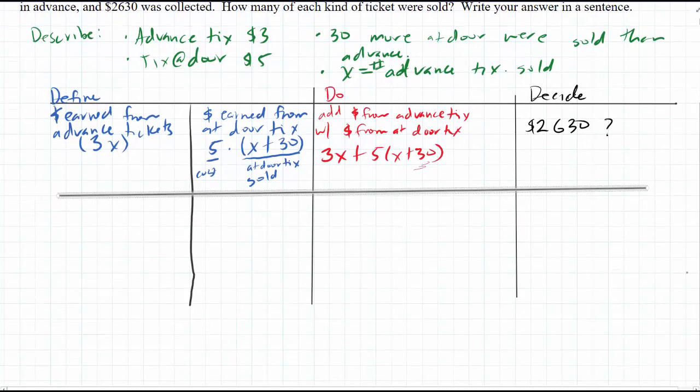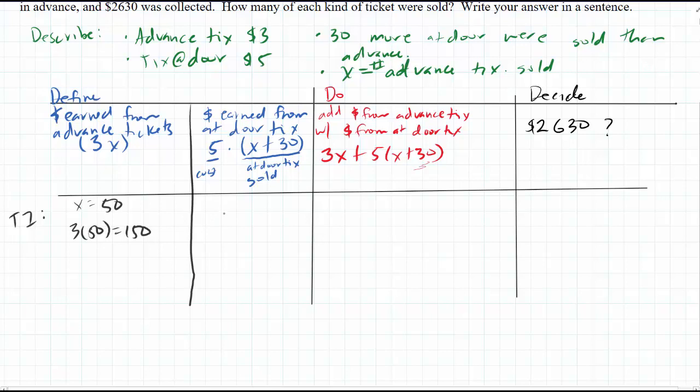All right, let's scroll down. Trial 1. Let's assume they sold, I don't know, 50 advance tickets. That would mean 3 times 50 is 150. This actually looks super low already.